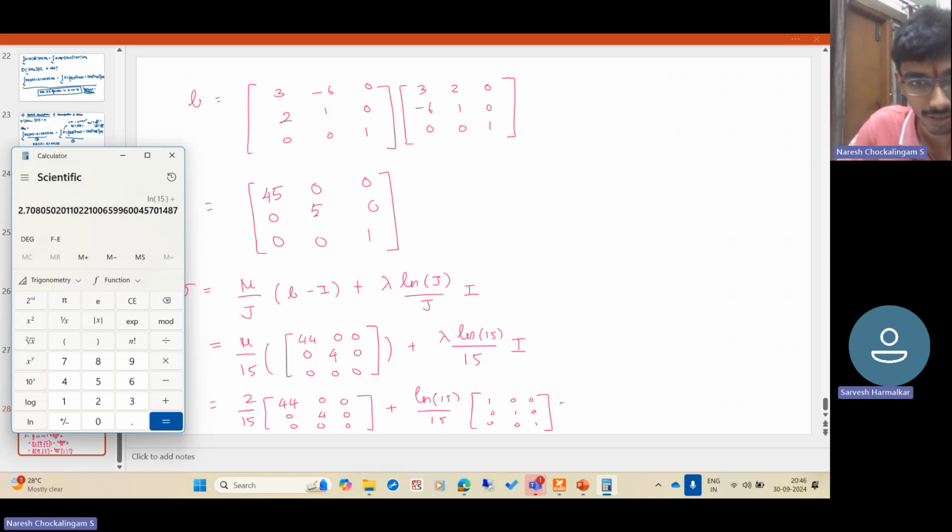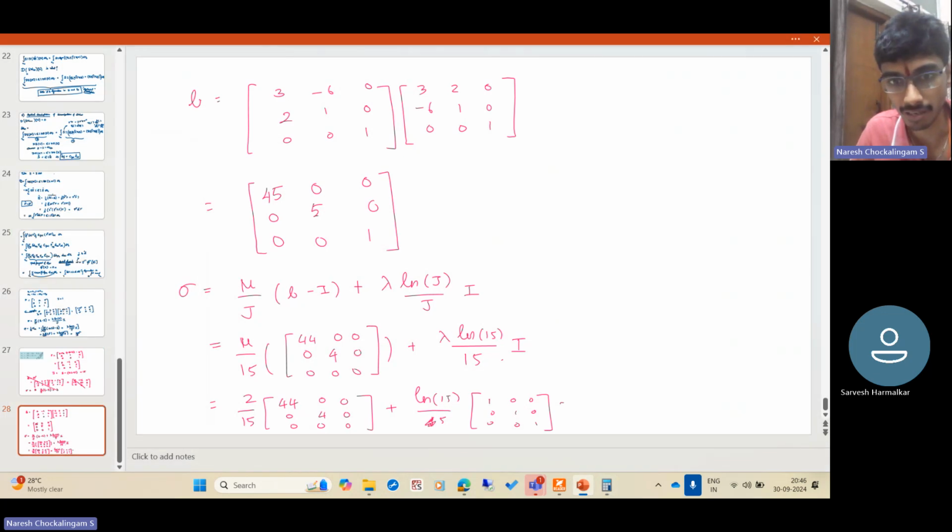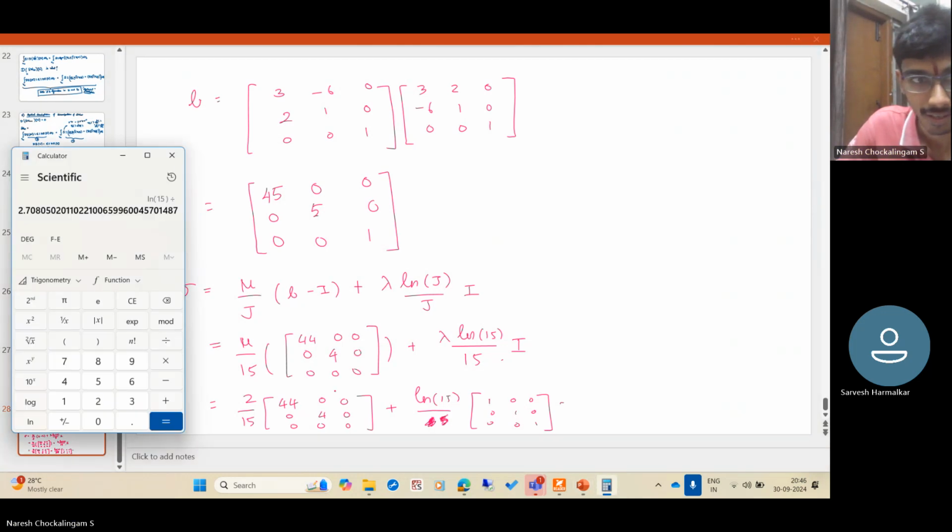Lambda is 3. Yes, this is 3 by 5. So log 15 divided by 5 is 0.54.